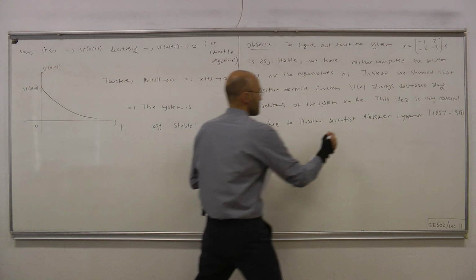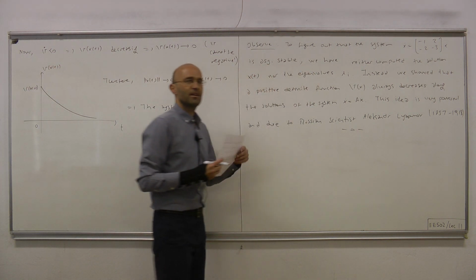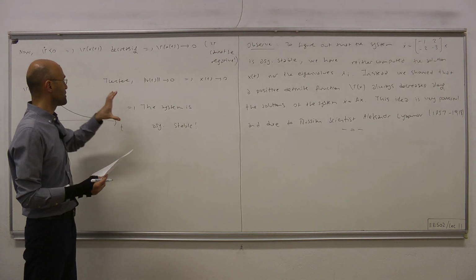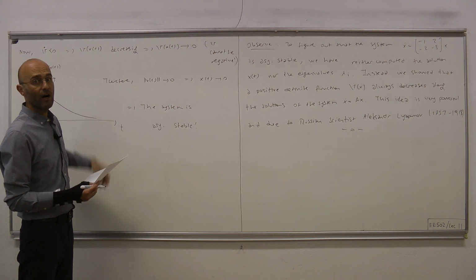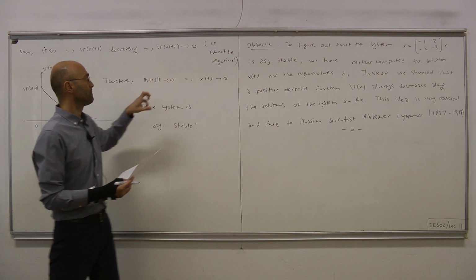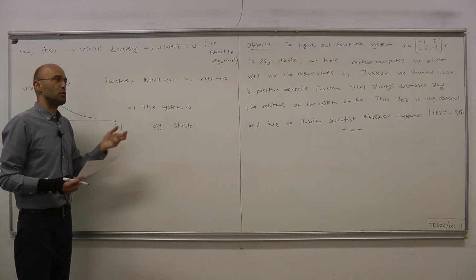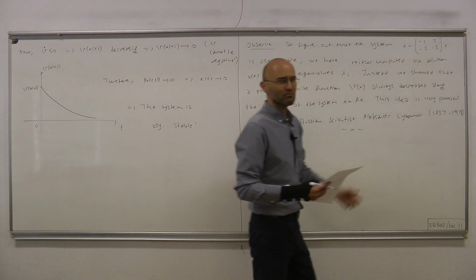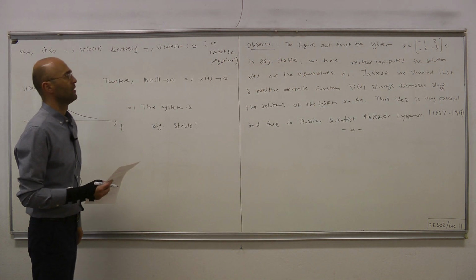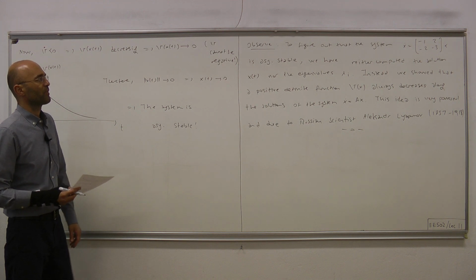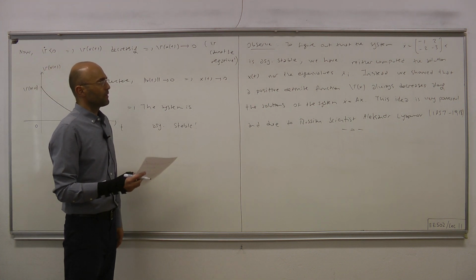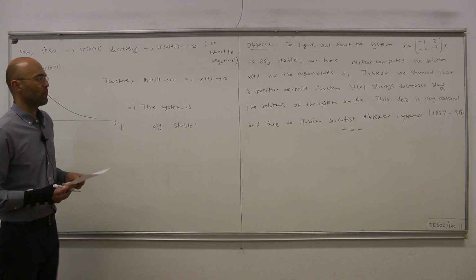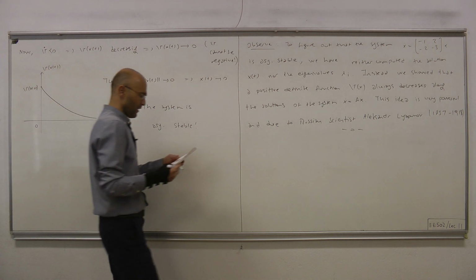Now we will eventually generalize this very powerful idea that we tried to visualize on our very simple second order system. We will generalize that to higher order systems, for more general situations.